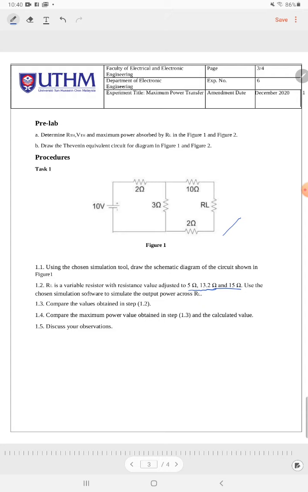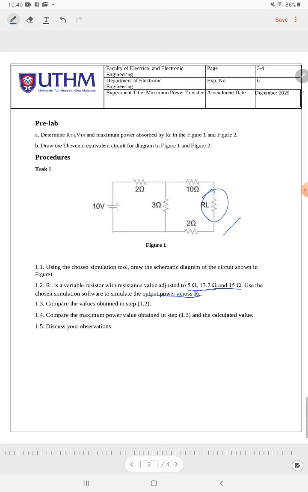Use the chosen simulation software to simulate the output power across RL. By varying the value of RL over here, you need to calculate the output power across RL.